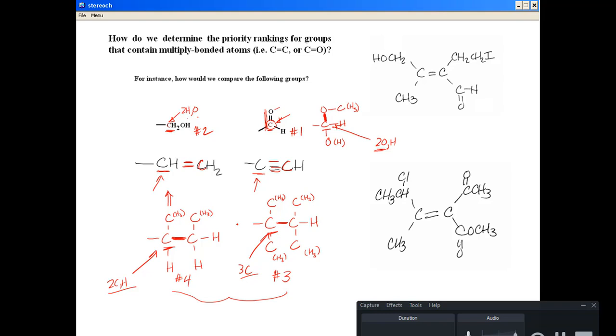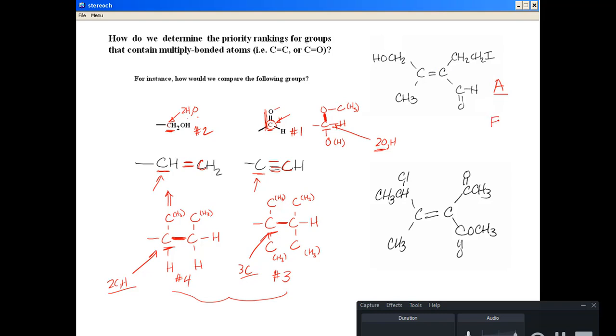Okay. So now we're going to do that same analysis for our molecules, these 2 alkenes. For molecule A here, the video is going to stop and you're going to go ahead and give me an answer. What is this molecule?